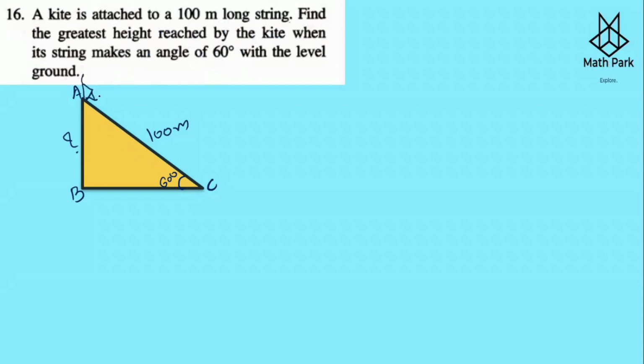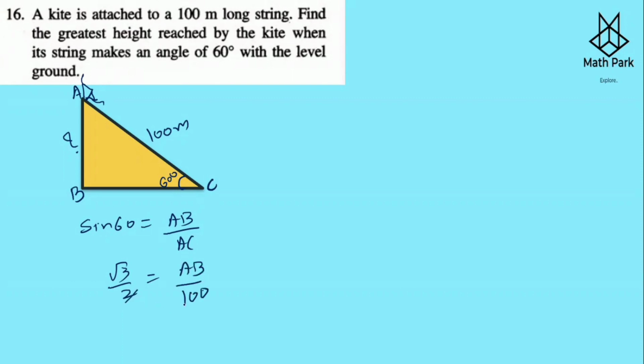Then you have to find the height at which the kite is flying. So opposite and hypotenuse, again we will be using sine 60. Sine 60 is AB upon hypotenuse AC. Sine 60, root 3 by 2, is equal to AB, which is to be calculated, upon AC, which is 100.